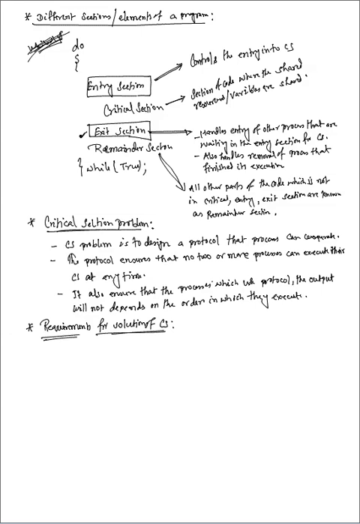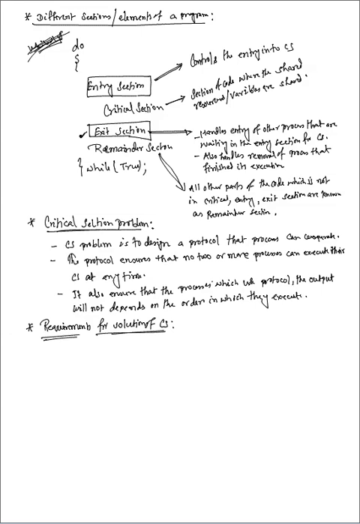Now we have seen what mutual exclusion is and what progress is. Mutual exclusion is used for safety purposes, so that data will not be overwritten. Progress basically represents the prevention of deadlock.